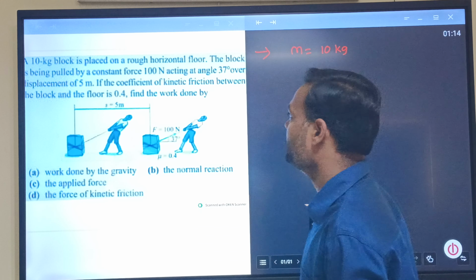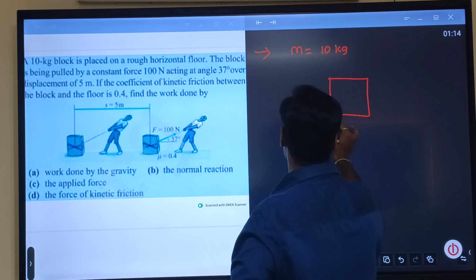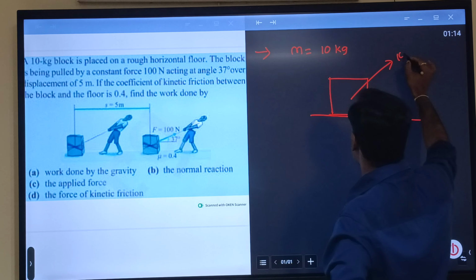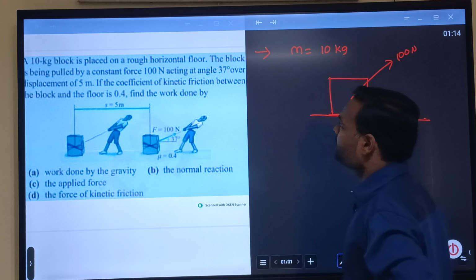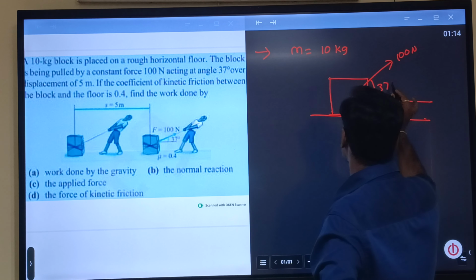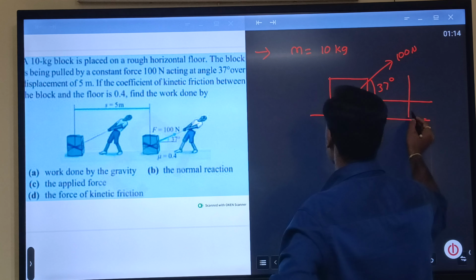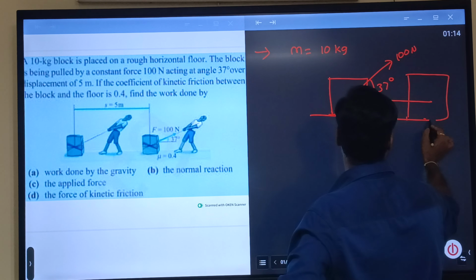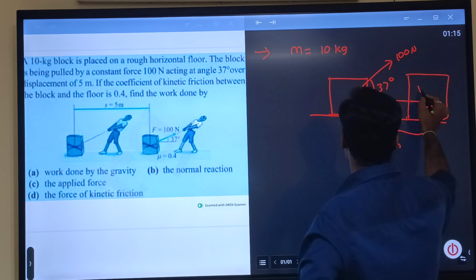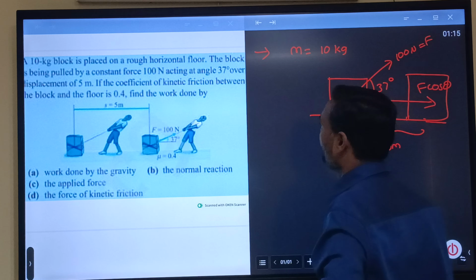The block is being pulled by a constant force of 100 newtons, acting at an angle of 37 degrees, over a displacement of 5 meters. That is, it is being pulled by 5 meters, and here the F cos theta component will help, and this is the force applied.